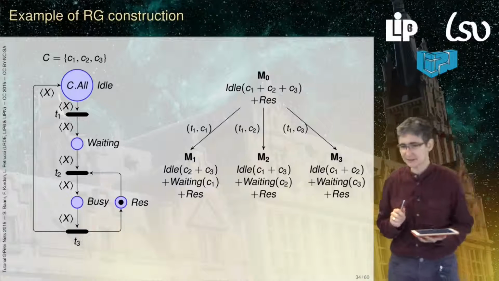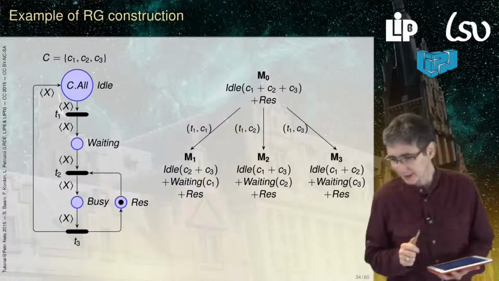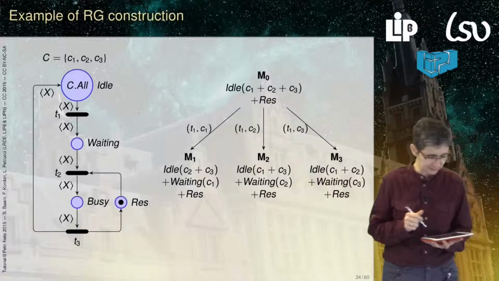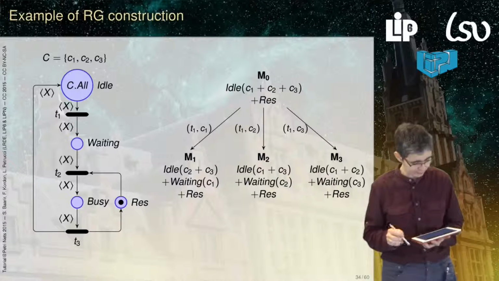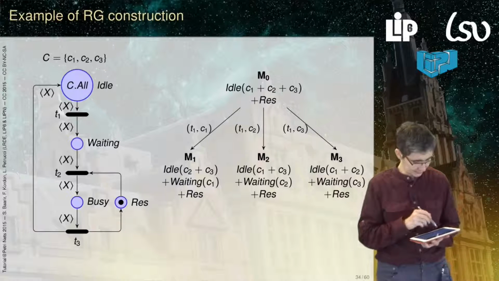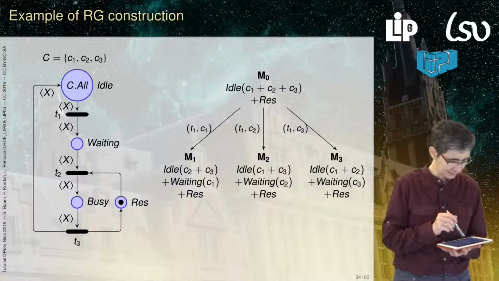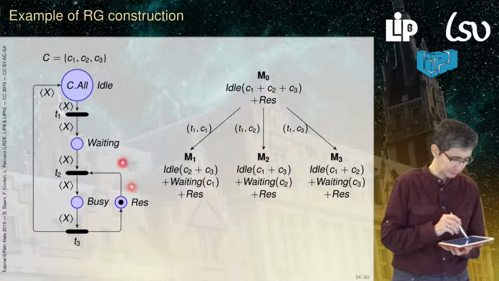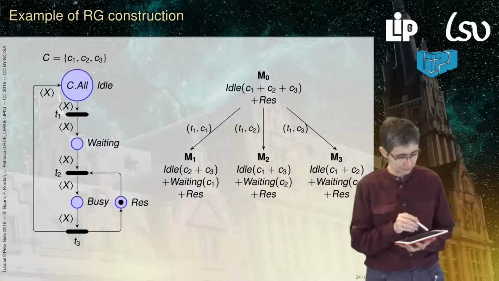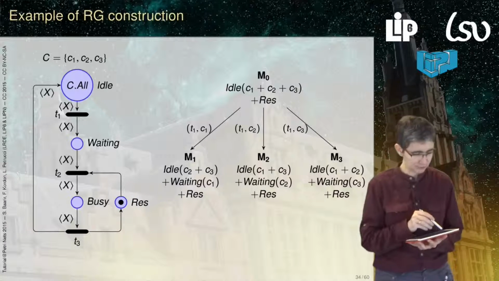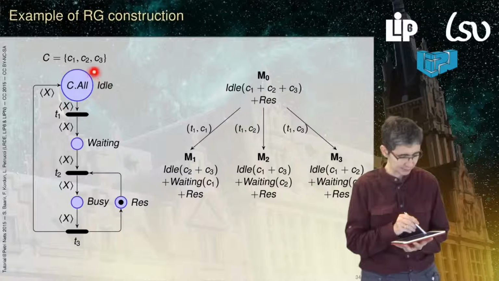Okay, so let's take the introductory example once again and generate the reachability graph of this small example. So here in this example we started with an initial marking that contains a black token in place resource here, and also all possible colors of color set C here in place idle.